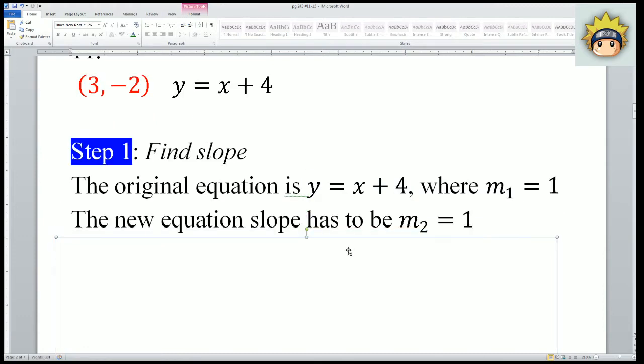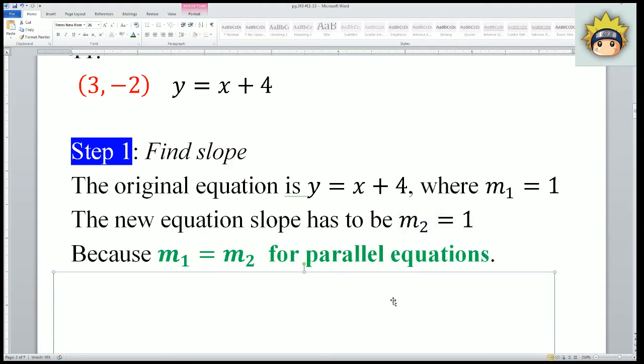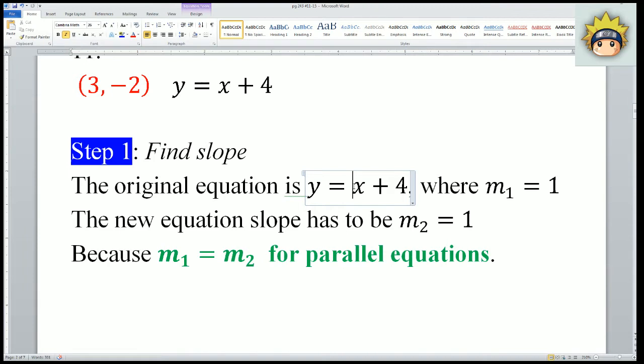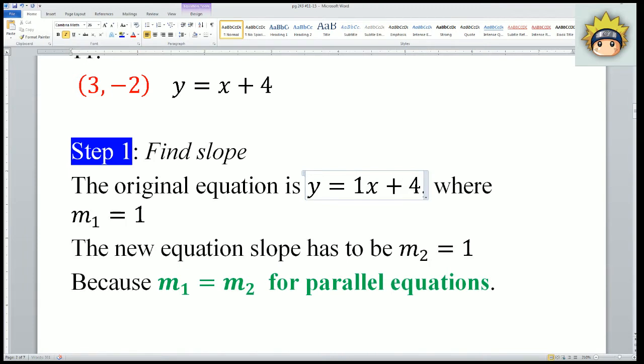The new equation must have a slope of 1 as well, because m1 has to be equal to m2 for it to be a parallel equation. How did I get the 1? The m is the number in front of the variable x here, and we don't normally write it if it's just 1, but hopefully you see it's also 1.